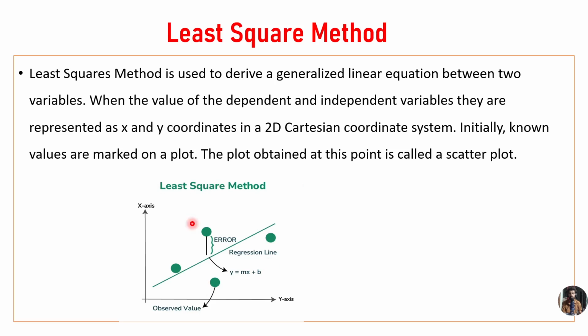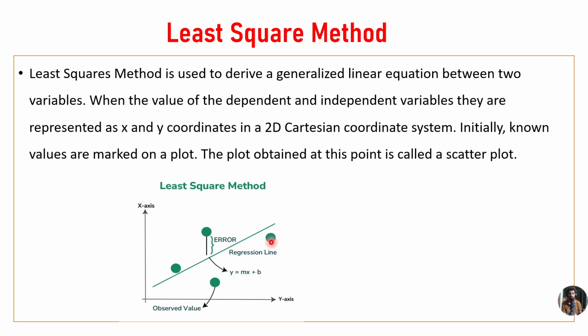You observe in this there are 4 values marked 1, 2, 3, 4. Let us say this data point has some error. This distance is called the error. The plot obtained at this point is called a scatter plot.